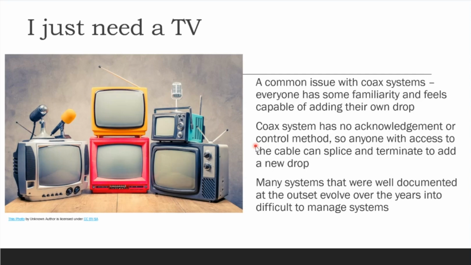A lot of the times when we're selling to Air National Guard, Army National Guard, military, one of the common complaints that they have is, and I quote, "The airplane mechanic keeps cutting my TV lines." So because with the coaxial system everyone has this level of familiarity with TV and TV distribution, your end users themselves end up causing problems because they think they can fix it, or they think that they can make an adjustment to the system to give themselves TV, and it's not going to cause problems anywhere else.